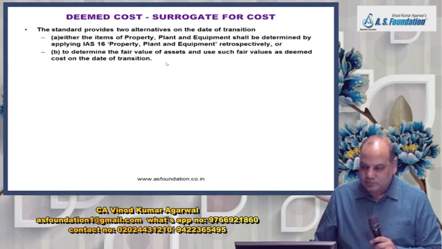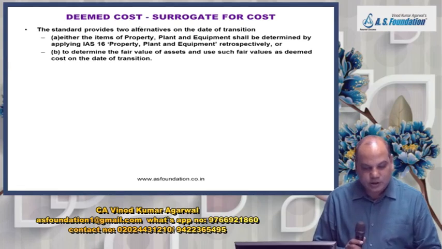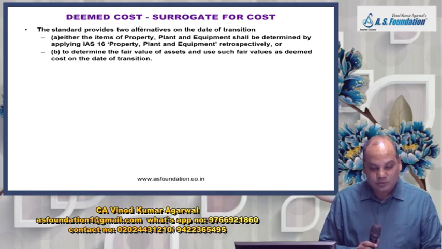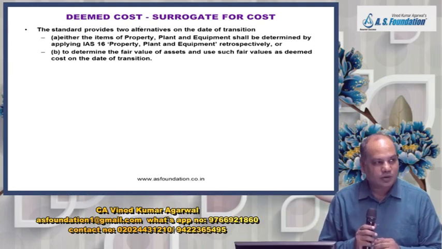Paragraph 17. Deemed cost. Surrogate for cost. This problem of deemed cost will arise for items like property, plant, equipment, investment property, intangible asset, and also what is called right of use asset under lease accounting.